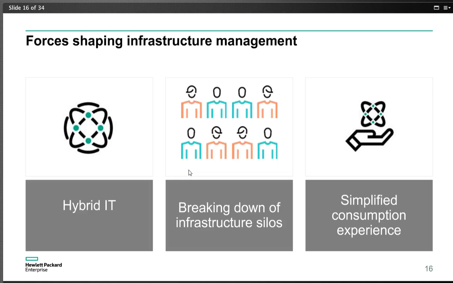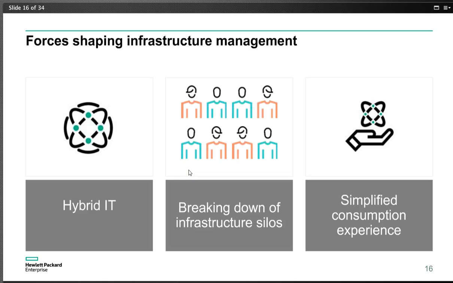Lastly, and most importantly in some ways, is the simplification of consumption of infrastructure. In a lot of ways, this determines the core part of our strategic direction from Data Center Automation Suite. There is a clear need to make sure that the infrastructure management tools are easy to manage themselves, easy to deploy, easy to upgrade, easy to patch.